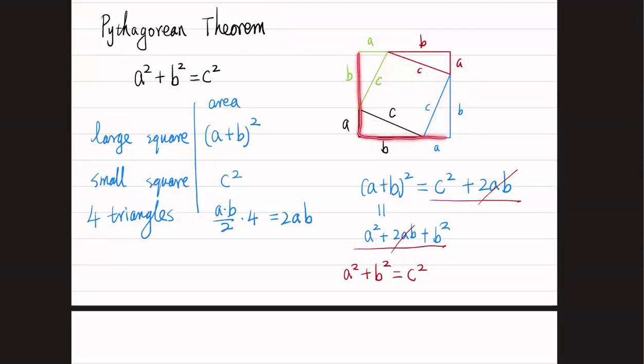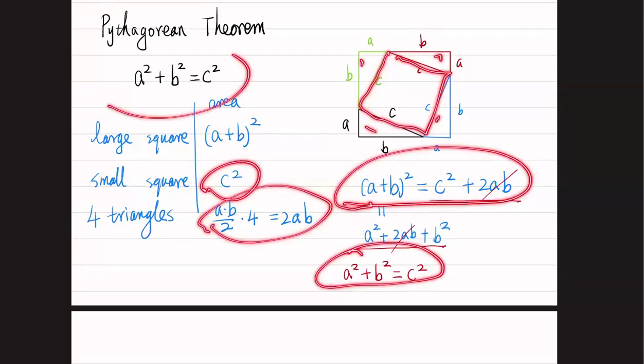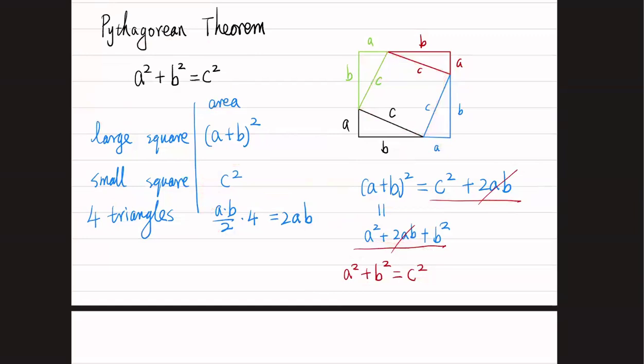Together, they enclose a large square with this area, the inside smaller square with this area, and 4 triangles with this area. Then we have the equation, we simplify, and we get the formula. Amy, question about the proof?